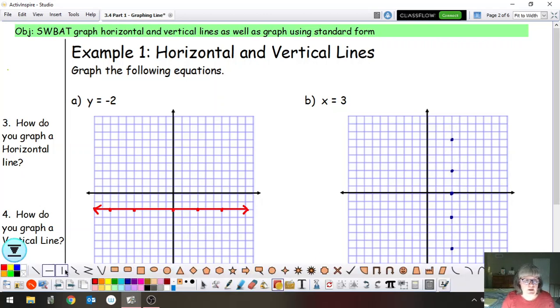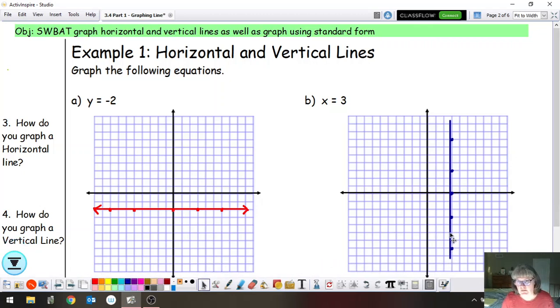So I can plot a vertical line through these points. And let's adjust this a little here, so that it's actually going through the points. There we go. And put arrows on each end because it is extending in each direction, vertically, or up and down.